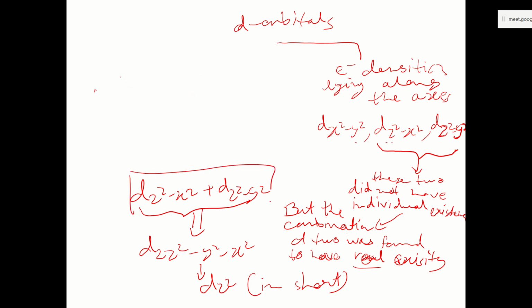So the combination that we have is an increase in electron density along z.